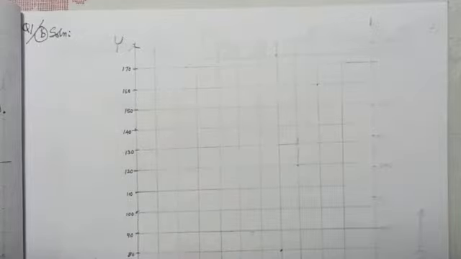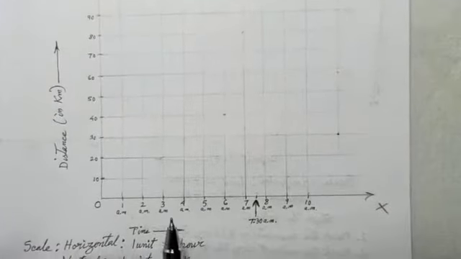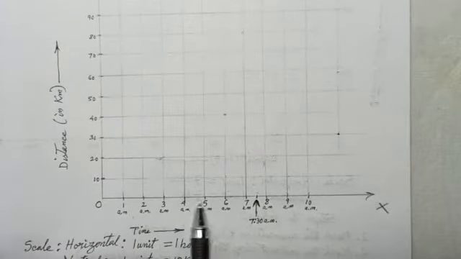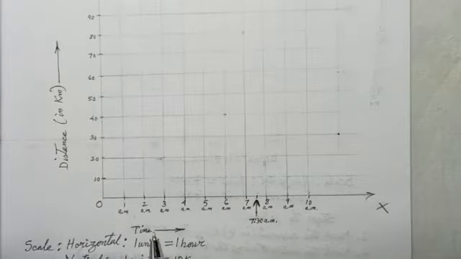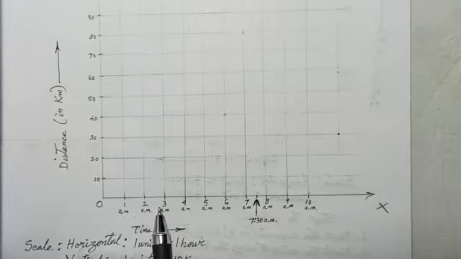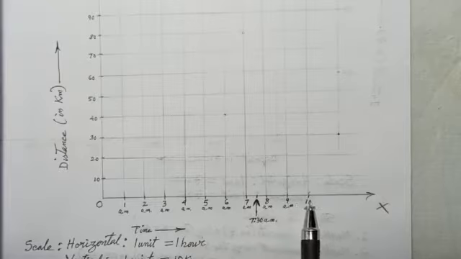Question number 1B, solution. First, let's draw this x-axis, and let's draw this y-axis. Then after that, this is time, and here an arrow mark is put, and 1 a.m., 2 a.m., 3 a.m., 4 a.m., 5 a.m., 6 a.m., 7 a.m., 8 a.m., 9 a.m., 10 a.m. are marked.